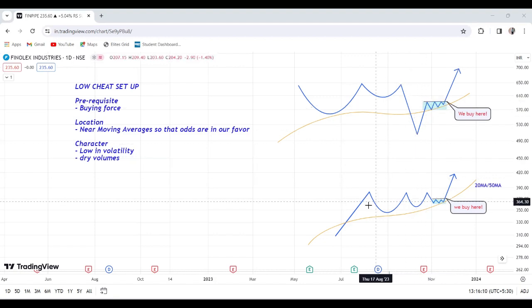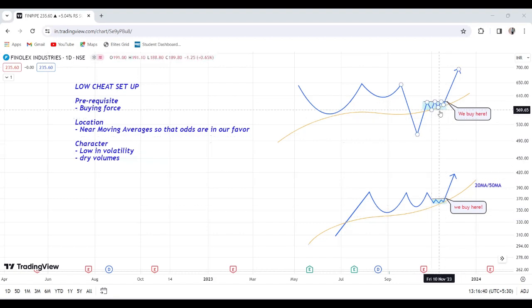Similarly, in the second variation, after the secondary base, in the process of the third base, there would be a location near the moving averages where the volatility subdues, accompanied by dryness in volumes, and we need to figure out these low risk areas to make a decision to enter early into an uptrend.